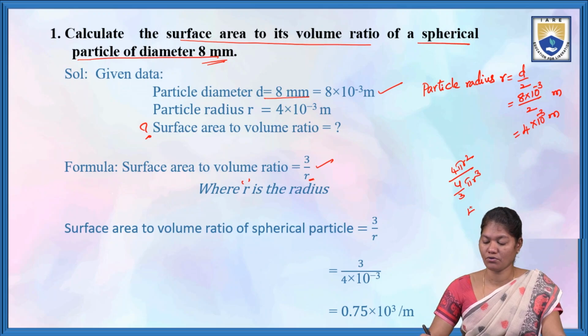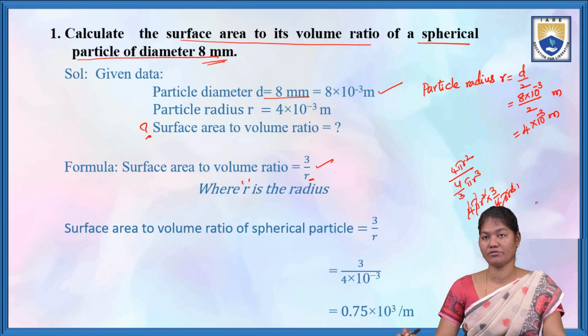So 4 pi r square into 3 by 4 pi r cube. Here 4 pi gets cancelled, the r square gets cancelled, so we get 3 by r.